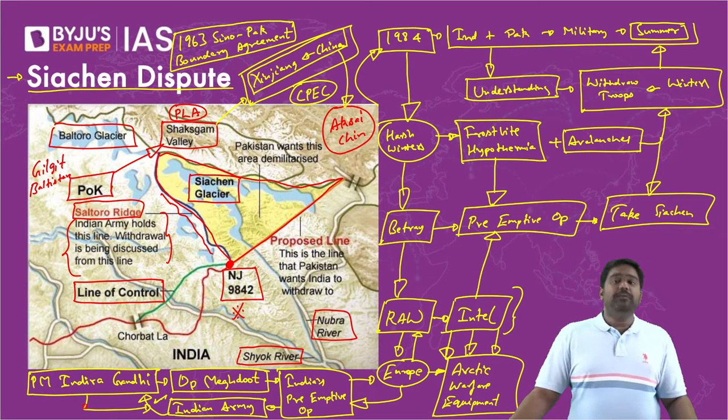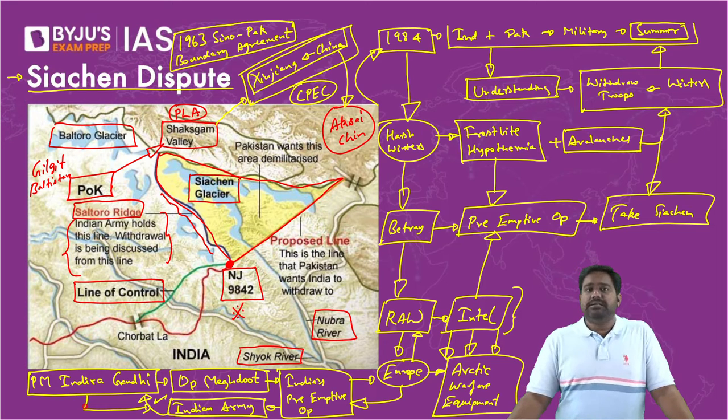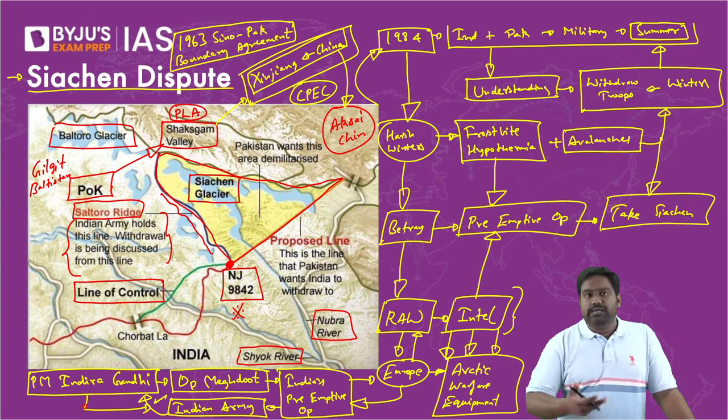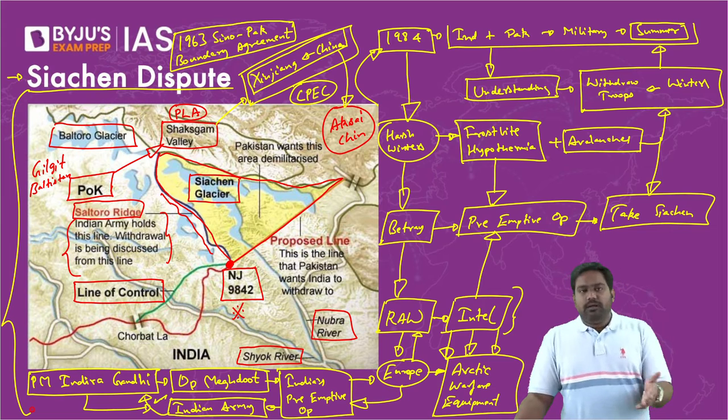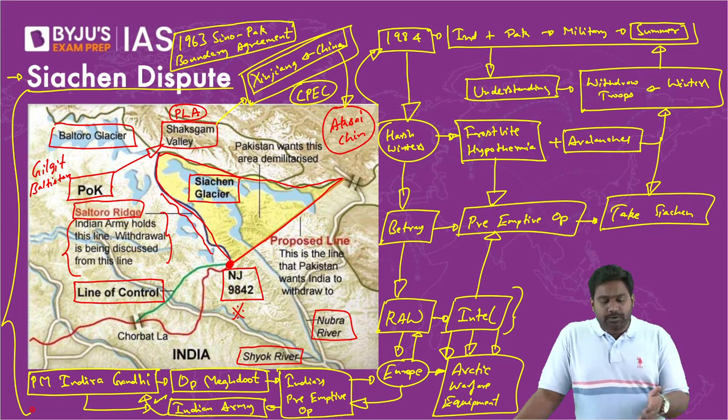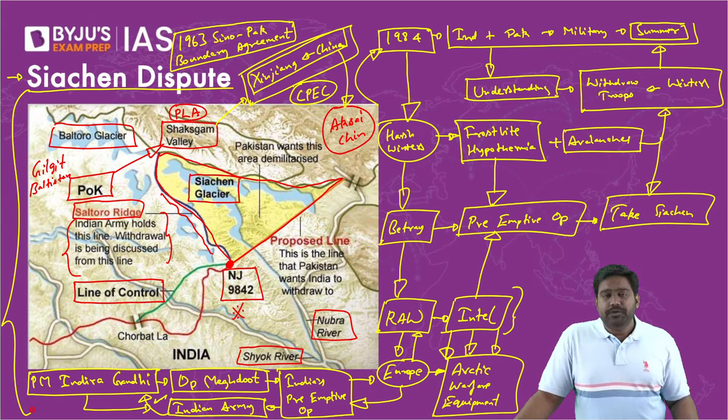So, there have been discussions in the past to try and demilitarize Siachen, given that both sides are spending crores of rupees every single day to maintain the troops here. This is a drain of resources. It's literally a cold desert. If things were better between India and Pakistan, ideally we shouldn't be spending so much on maintaining troops over here.